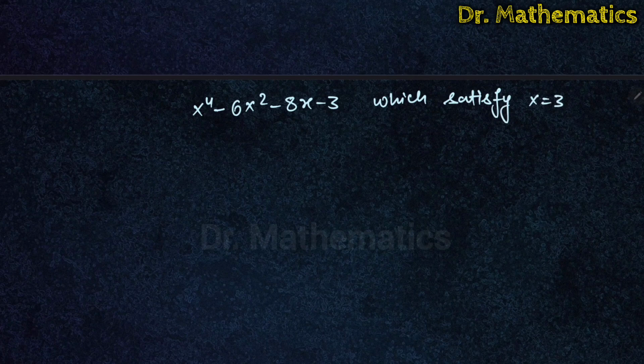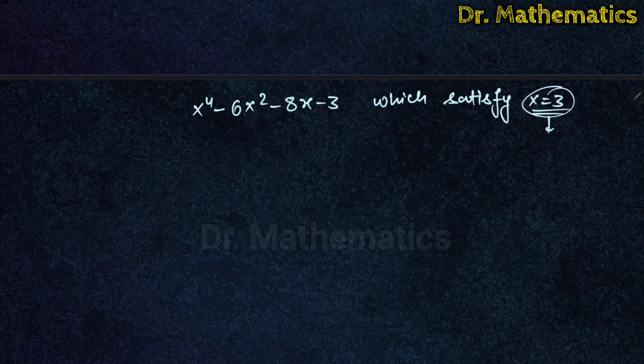x to the power 4 minus 6x square minus 8x minus 3. This is an equation which is satisfied by x is equal to 3.